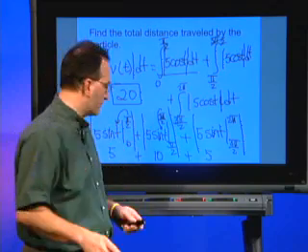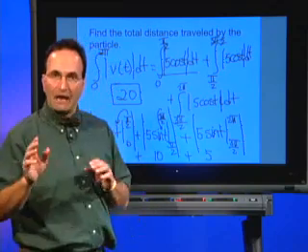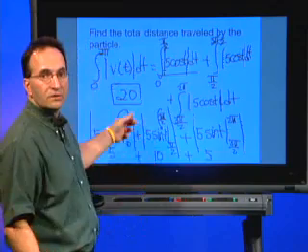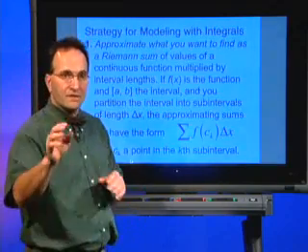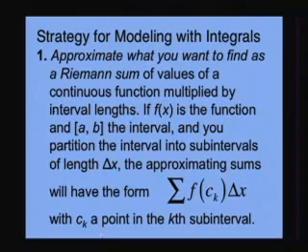All right, great. Let's look at a strategy for modeling integrals. And the strategy is this. Step 1, approximate what you want to find as a Riemann sum of values of a continuous function multiplied by interval lengths.